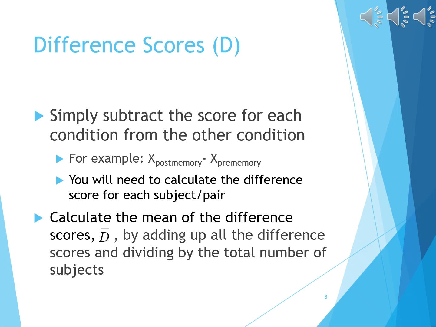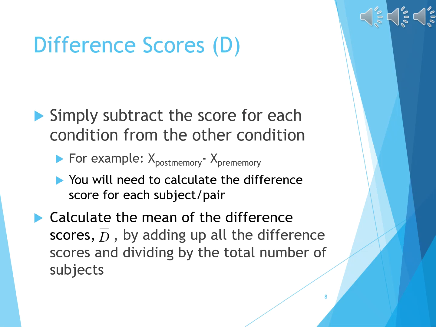So the first thing that we do is calculate a difference score on this variable for every single participant in the study. Then we calculate the mean of those difference scores, which is represented by D bar, by adding up all those difference scores and dividing by the total number of subjects, because that's the total number of pairs of scores that you have.